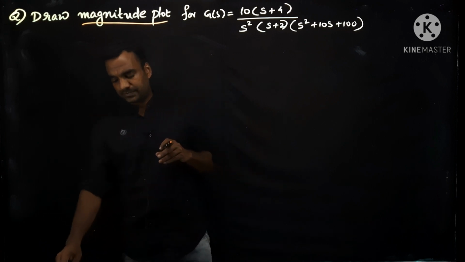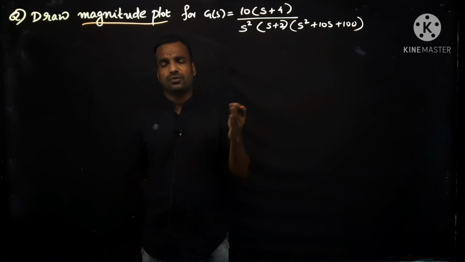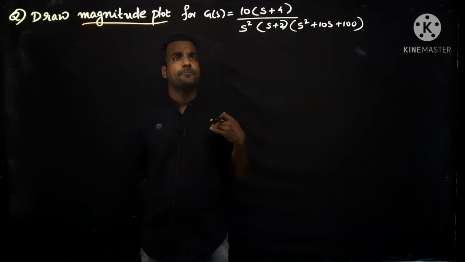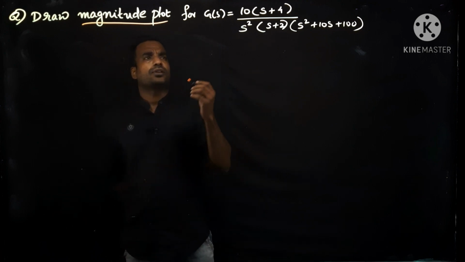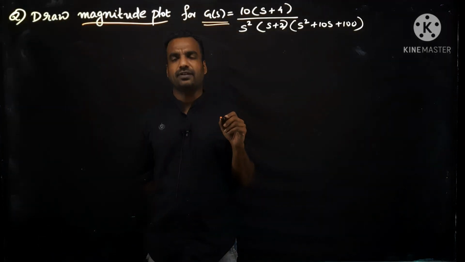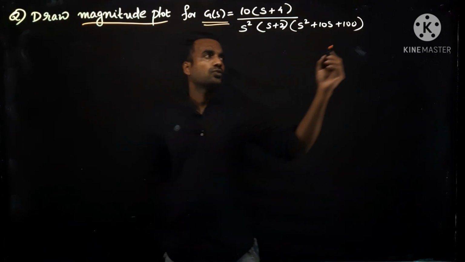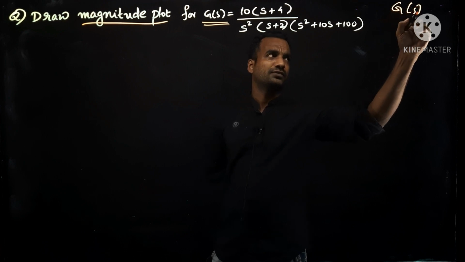In textbooks, this may be a little bit different, but all are correct. Nothing is wrong. Their method is also a correct method. First of all, here you have to check that generally G of s is given in textbooks for questions regarding Bode plot. Why? In root locus it was G of s H of s.